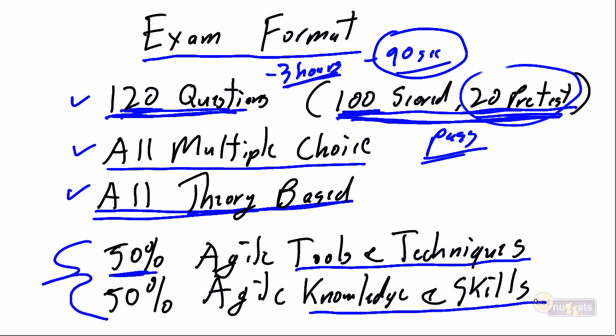So you're going to say, well, what's a tool and technique? What's a knowledge and skills? Don't worry about it. That's what this Nugget series is going to review. We have 40 more nuggets in this series that's going to give you everything you need to know to understand the 50% tools and techniques and the 50% knowledge and skills.